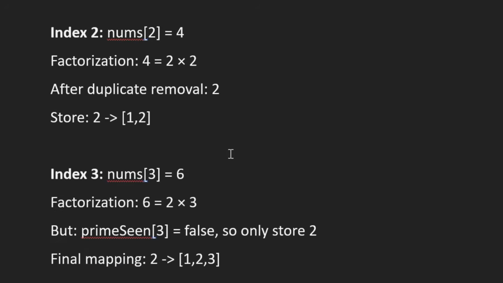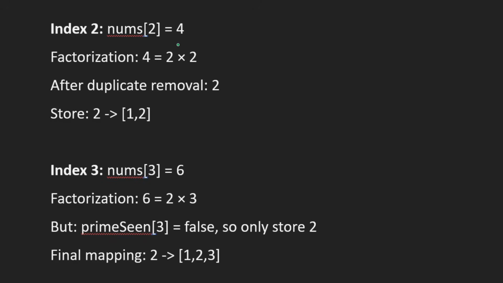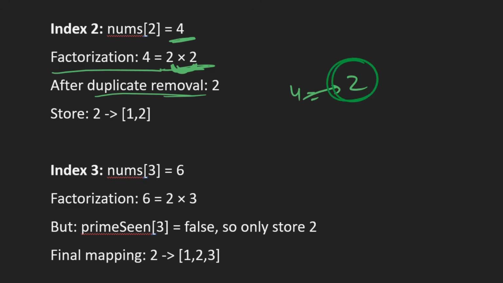Then at index number 2 we have element 4. The factorization of 4 is 2 into 2. So see here 2 is appearing 2 times, so we have to remove the duplicates. So after removing duplicates, 4 has the prime factor 2.